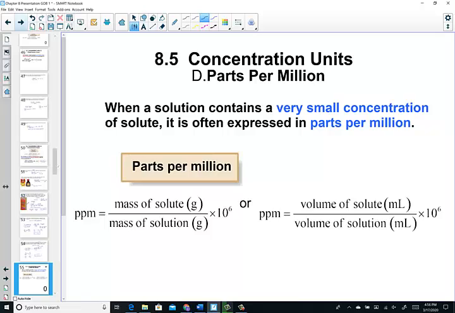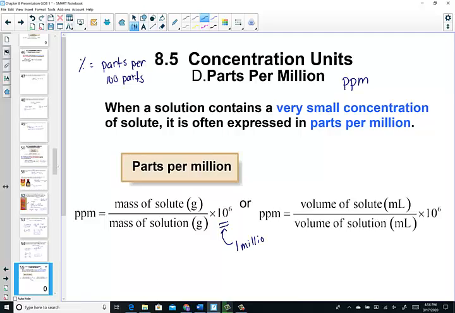Another unit that we can use to relay concentration for very small particles is called parts per million. You'll see that abbreviated as PPM. Just as we said a moment ago that percentages mean parts out of 100 parts, parts per million means parts out of 1 million parts.